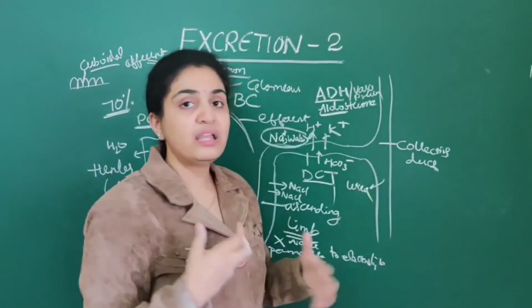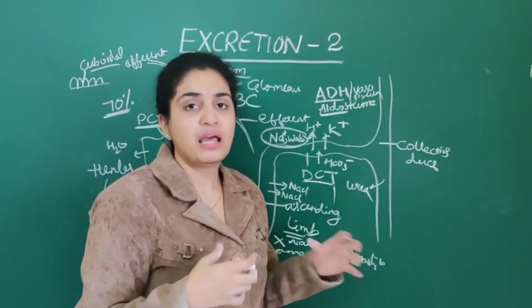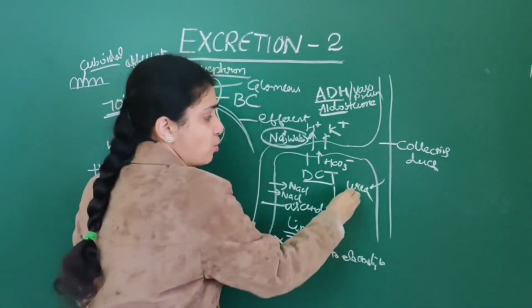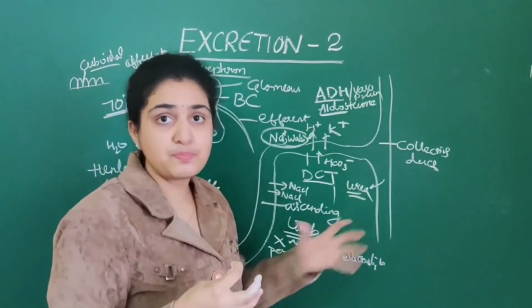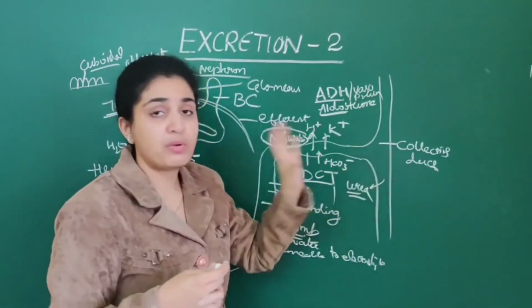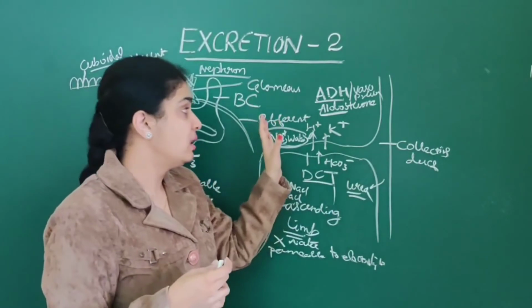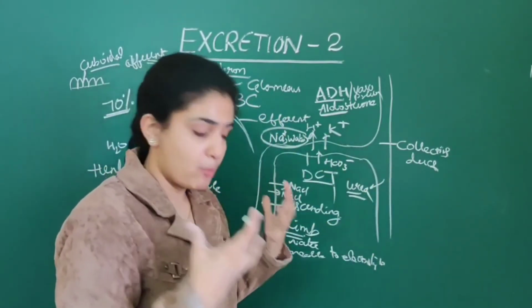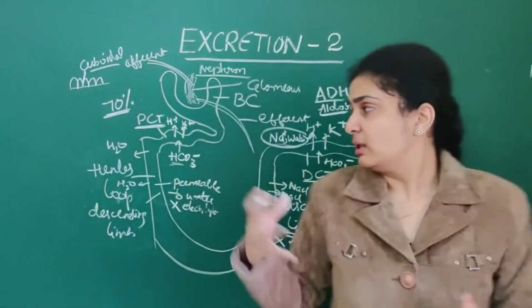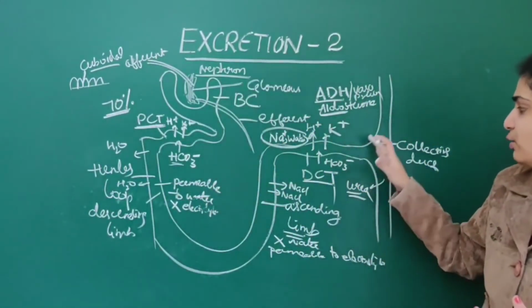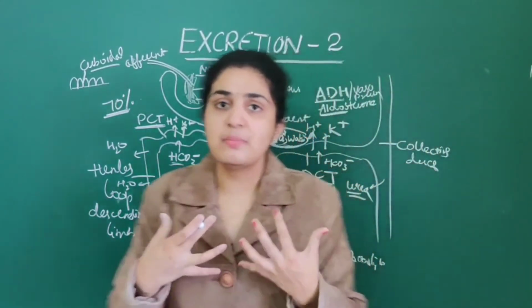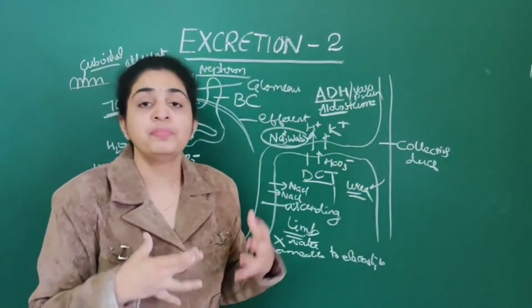It helps in absorption of urea, which means so much water is preserved. So much water is absorbed in the collecting duct as well as the DCT. That is, the distal convoluted tubule as well as the collecting duct help in maximum reabsorption of water.